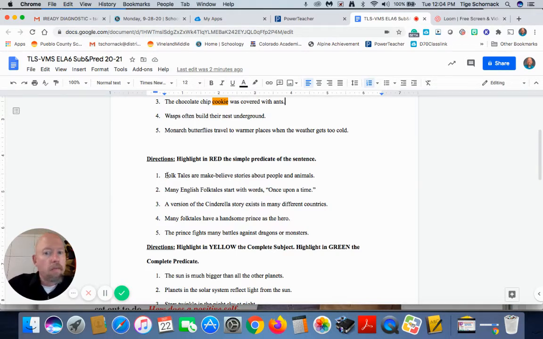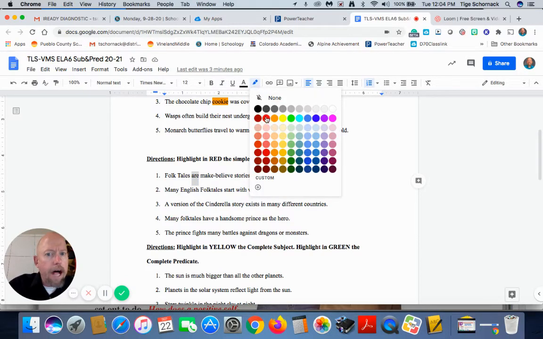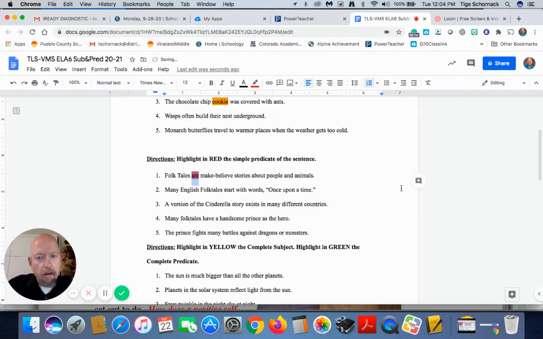Now, can we ask ourselves the action of the tale? What is it doing? Does it have a specific action? Well, we don't see an action, but what we do see is an existence verb, a state of being verb, a linking verb. They are. So that is your simple predicate. That is all you highlight in red: are.